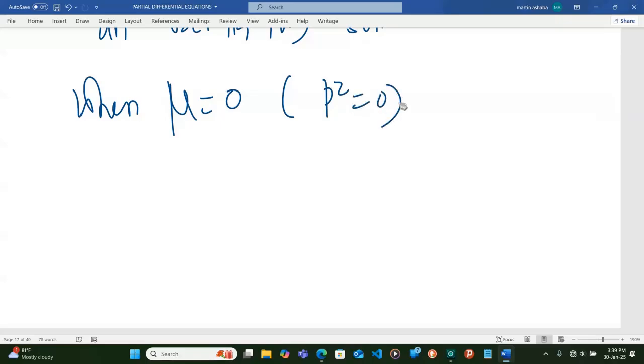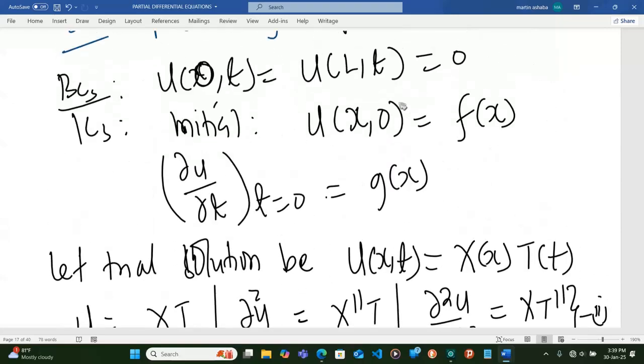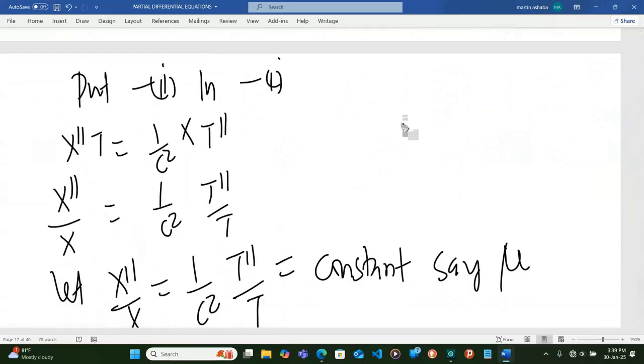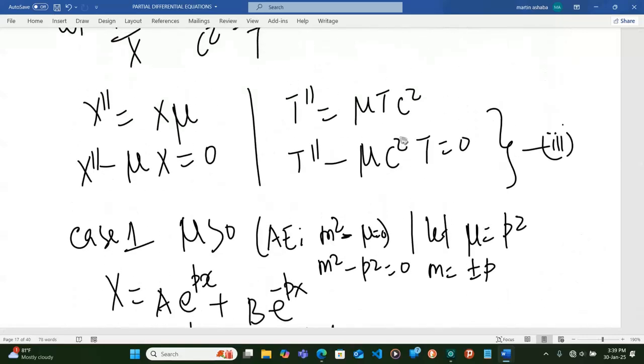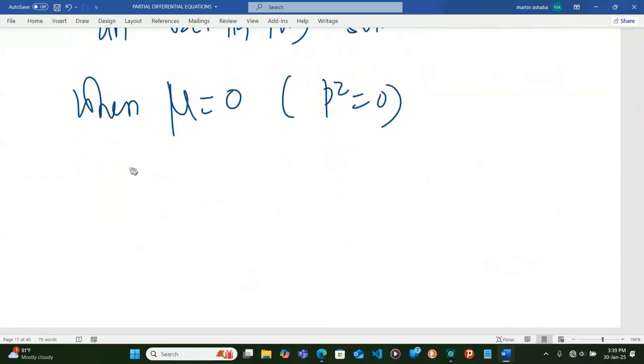So let's also try when nu is equal to 0, that means p squared obviously is equal to 0. So when it is equal to 0, you can obviously see that we are going to have x double prime equivalent to 0.